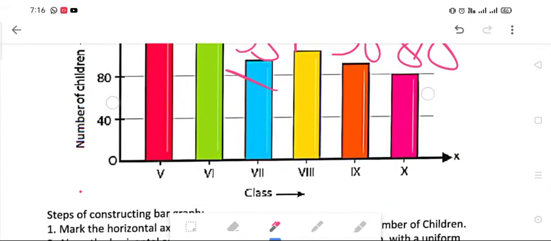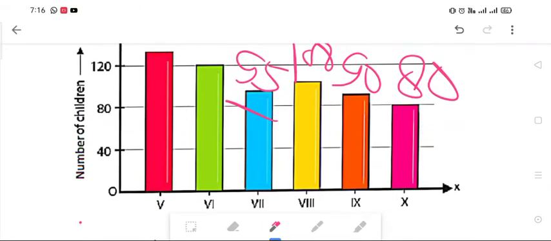So in this way we have drawn the graph. As you can see here, the red bar shows the maximum number of students, of class 5, and similarly the others are given. So I hope the bar graph is clear to everyone.